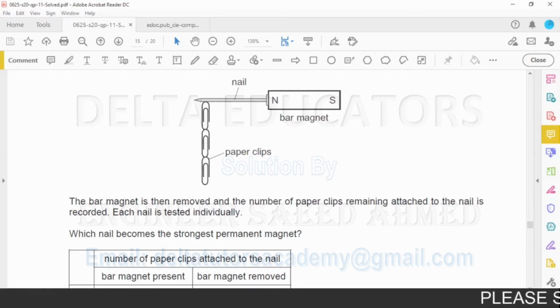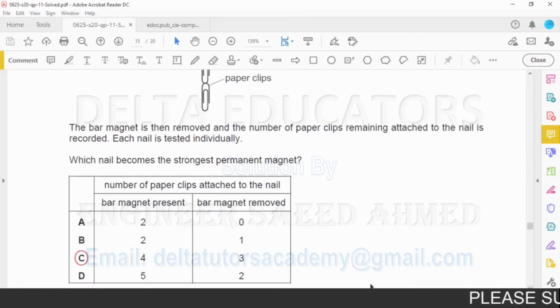Now we check the options. Here we have two columns. In the first column it is given bar magnet present. In the second column it is given bar magnet removed. And here on the top it is given number of paper clips attached to the nail. The number of paper clips attached to the nail after removing the bar magnet is given here as 3, where the number of clips is maximum after removing the bar magnet.